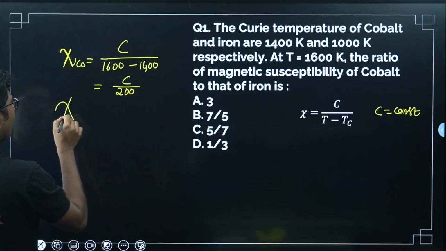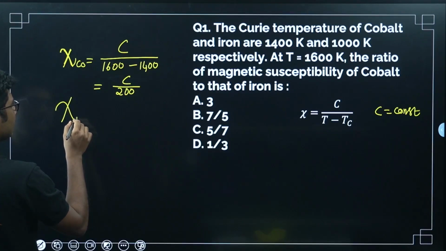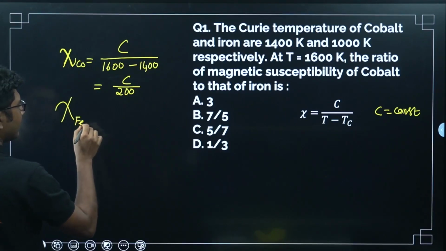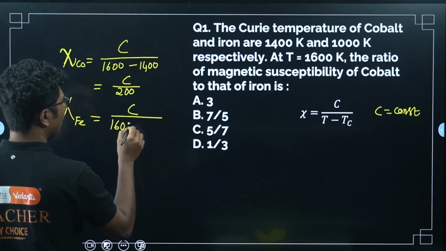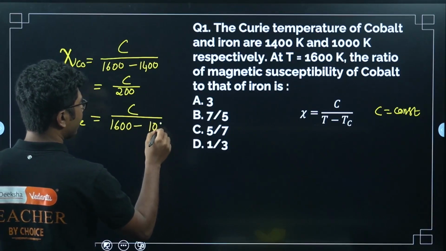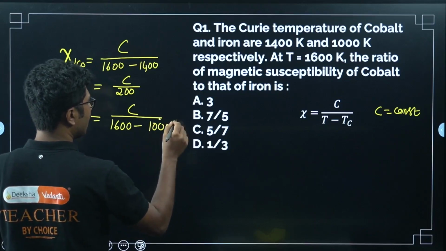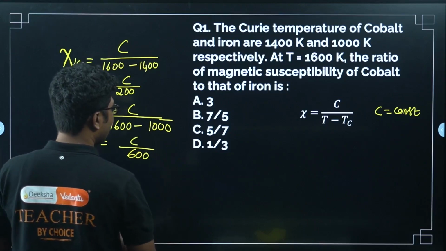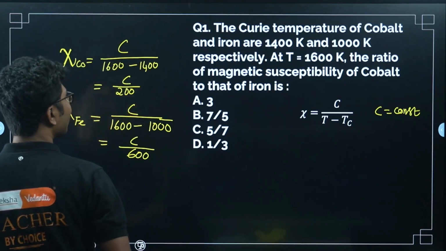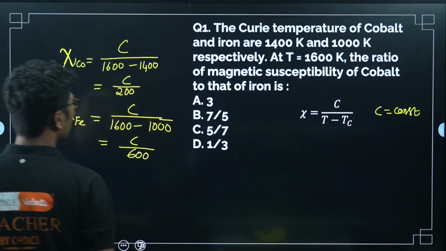Now chi for iron, Fe: C by the same temperature, but the Curie temperature is different, 1000, so it will be C by 600. They have asked you to find the ratio of susceptibility of cobalt to that of iron.